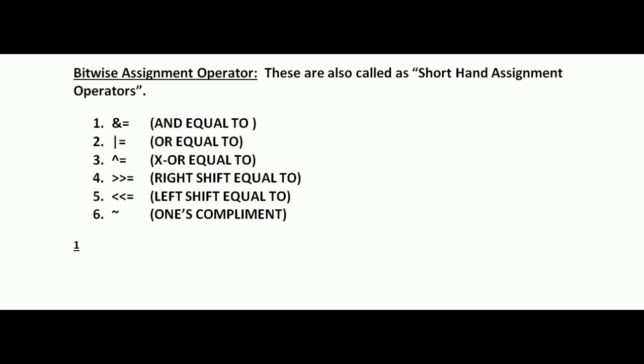So the first one is the AND equal to bitwise assignment operator. In this operator we use the AND keyword to make the operations. So let's take an example.